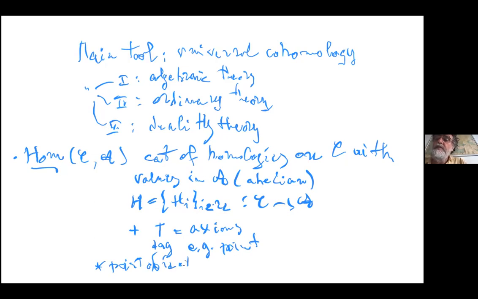And then you would like to have that H^i is 0 for i different from 0. This is very basic. If I add a decoration, I will put it as a subscript.